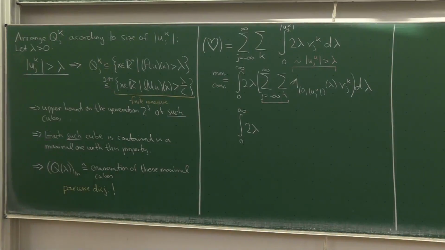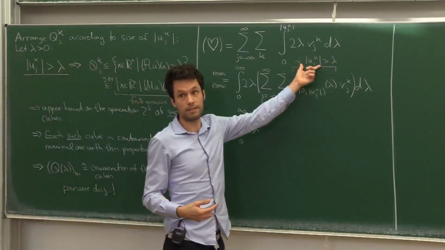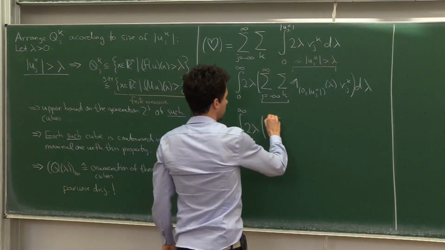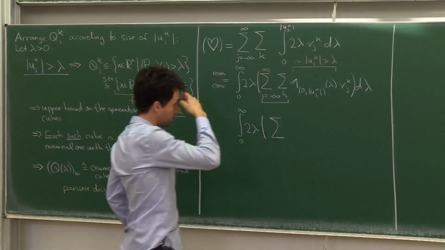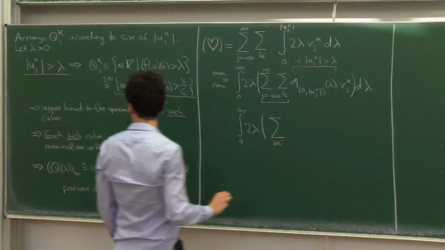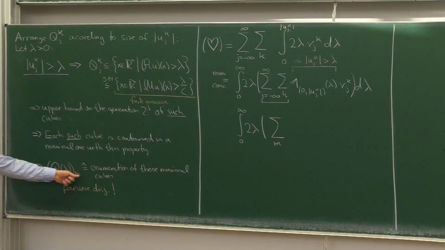Now this sum I'm going to reorder according to the maximal dyadic cube that these guys with the property are contained in. And so if I do the reordering, then I need to sum in M. Then I'm summing over the maximal dyadic cubes.